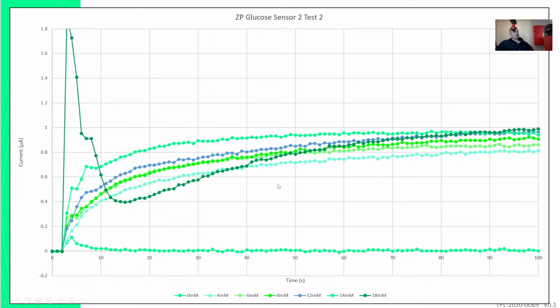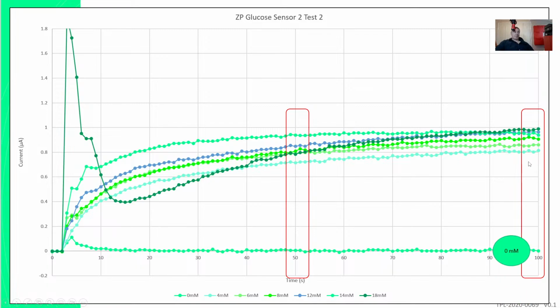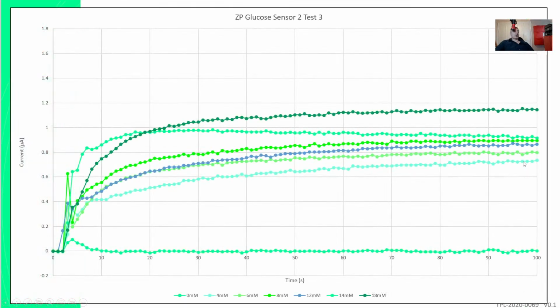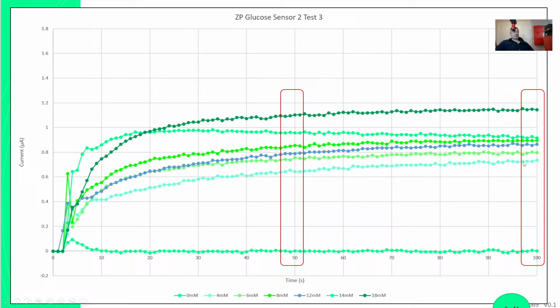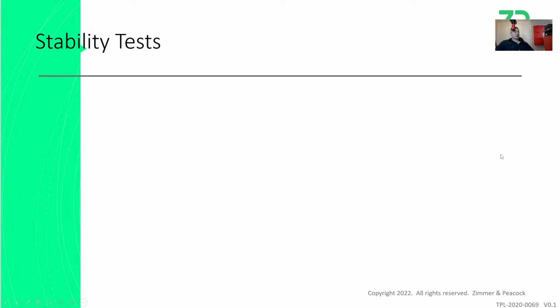But sensor 2, test 2. If you look at 50 seconds, actually, this time round, I reckon you should be looking at 100 seconds. I know that's a shift in time, but at 100, 4, 6, 8, they all made quite good sense. I think your best test was sensor 2, test 3, which made some really quite good sense. So, well done, I would say.